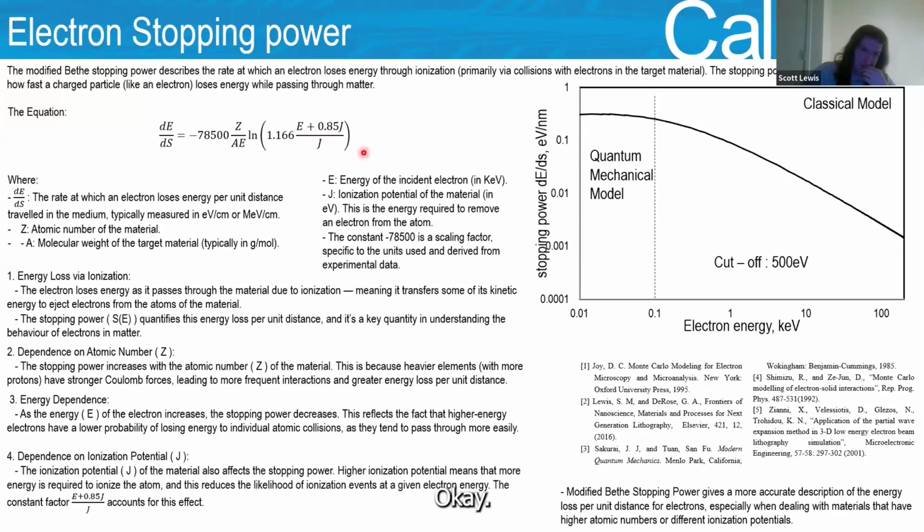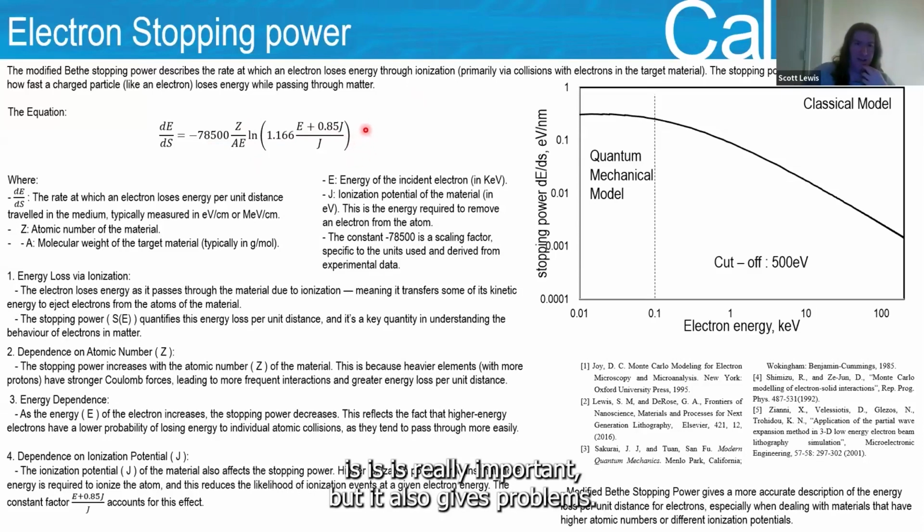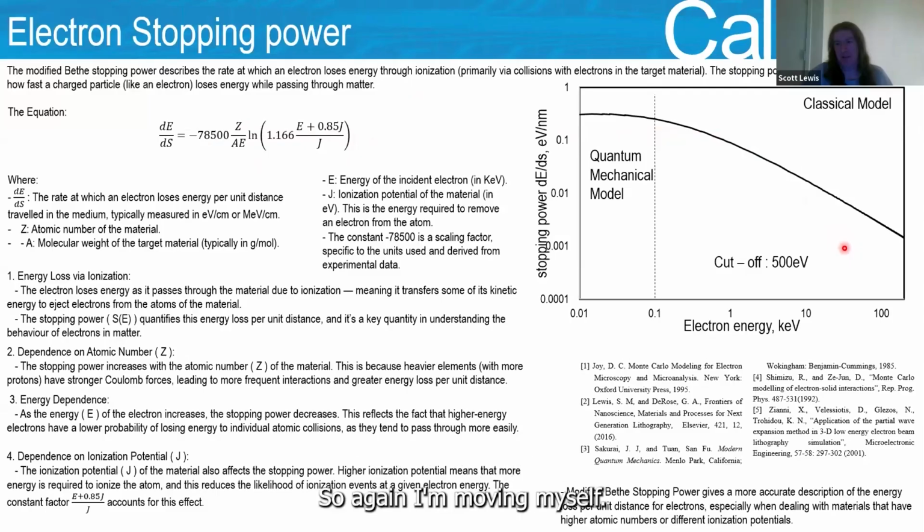Okay, so this equation is really important, but it also gives problems. And this is why I have this characteristic. So again, I'm moving myself. Sorry about this. So you can kind of see that this is linear. I know there's a bit of artistic license here, right? But this is essentially linear, and then we've got a cutoff.